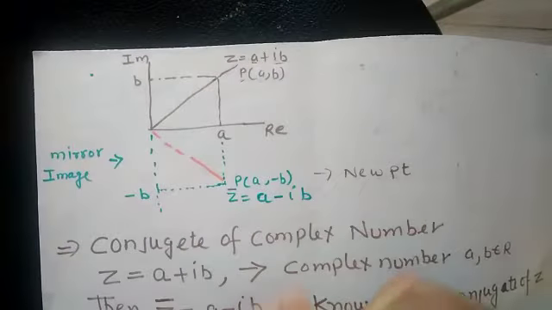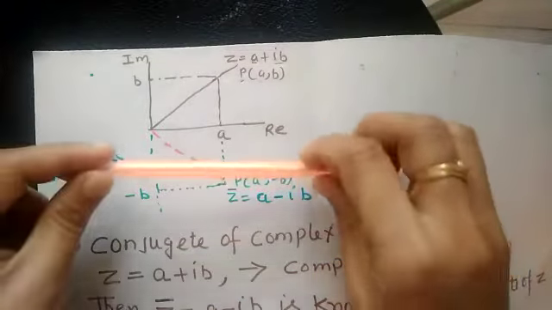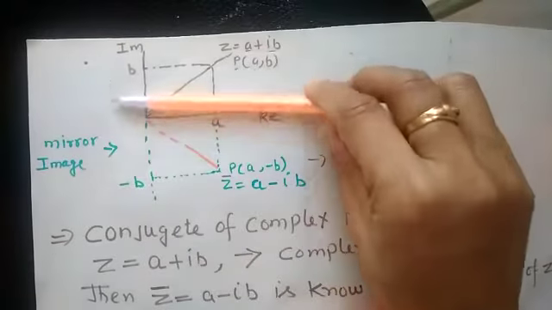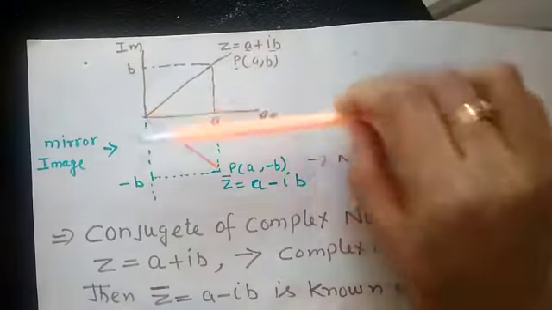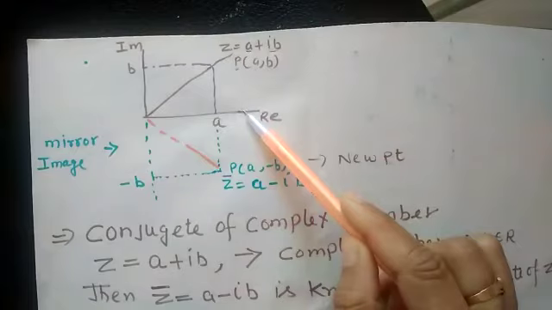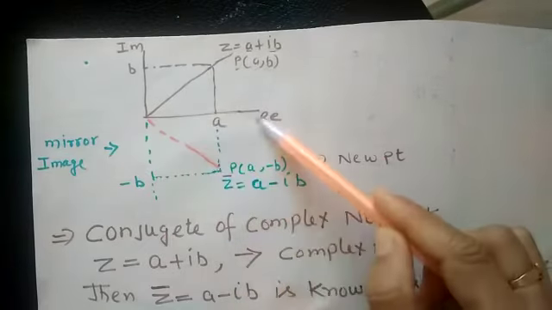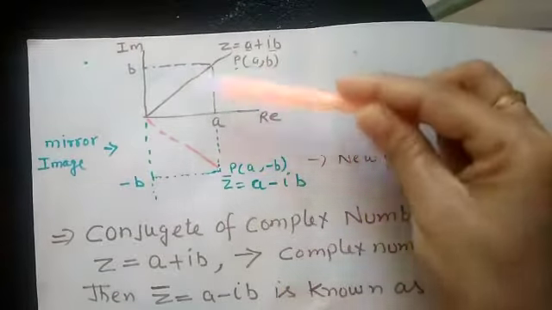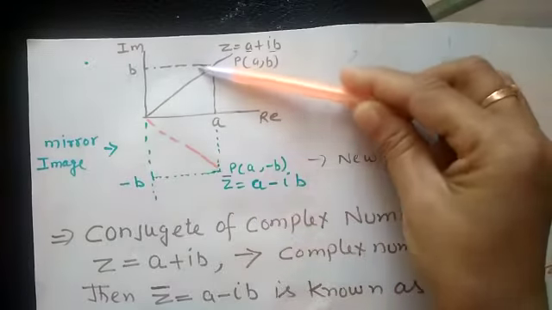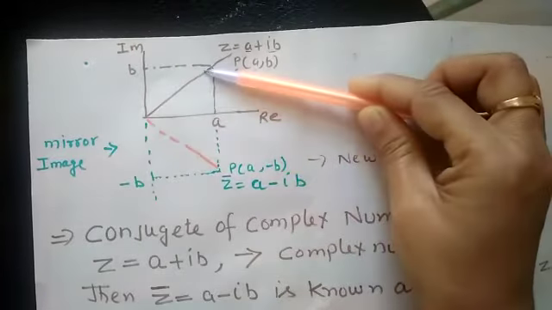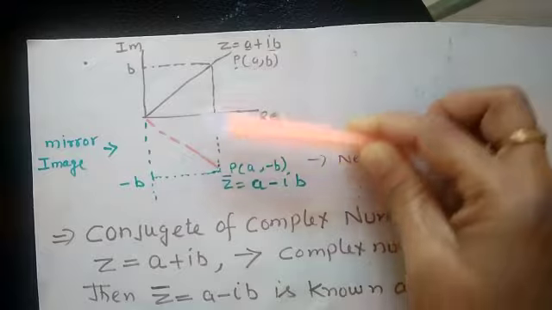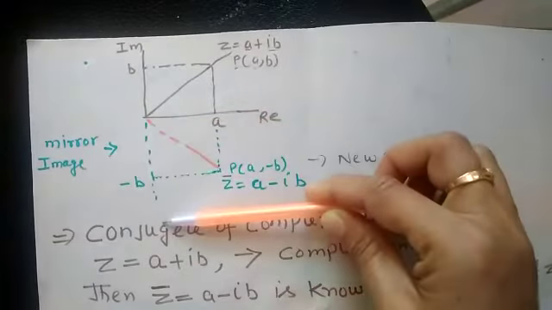So if I take the mirror image here at the downward, a will remain the same, but b will change. In the mirror image, b will become negative b, in the downward, in the negative direction.